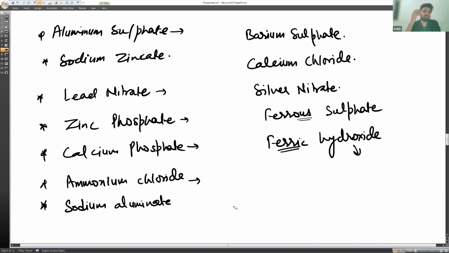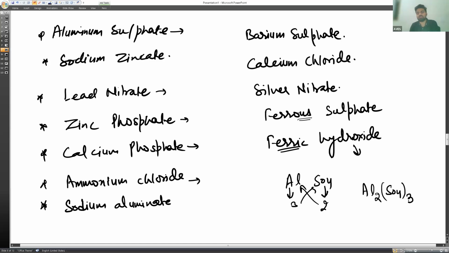You tell me the formula of aluminium sulfate. AlSO4 thrice. Aluminium has valency 3. SO4 has valency 2. You cross multiply, you will get Al2 SO4, and then you have to write it in a whole bracket because this is multiple atoms, it is having sulfur as well as oxygen.